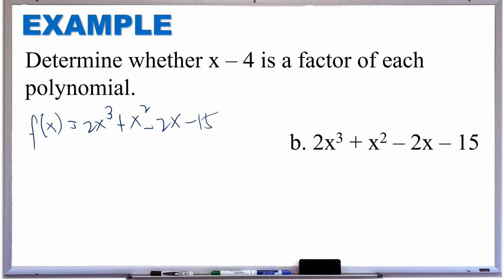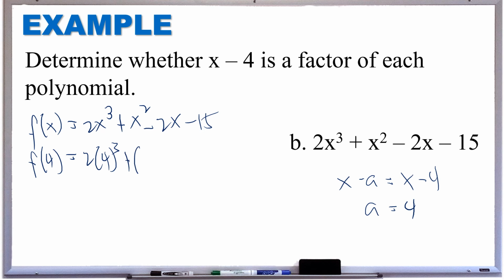In the same manner, x minus a equals x minus 4, therefore a must be 4. So we substitute that for the value of x. f of 4 is 2 times 4 cubed plus 4 squared minus 2 times 4 minus 15.